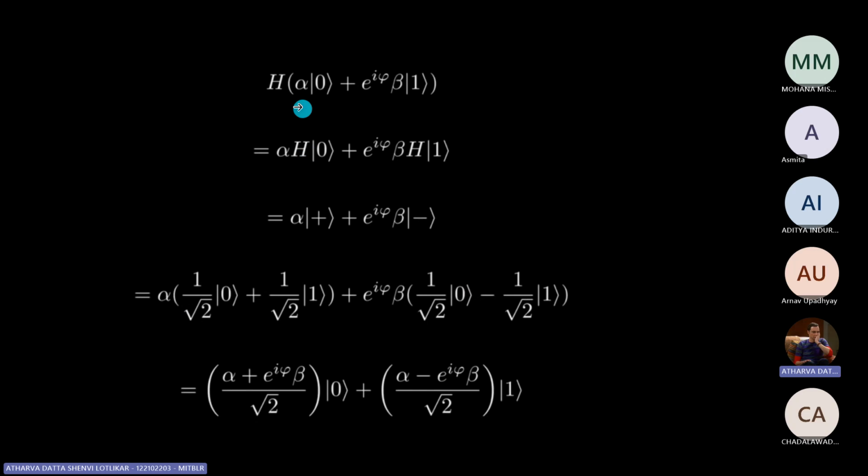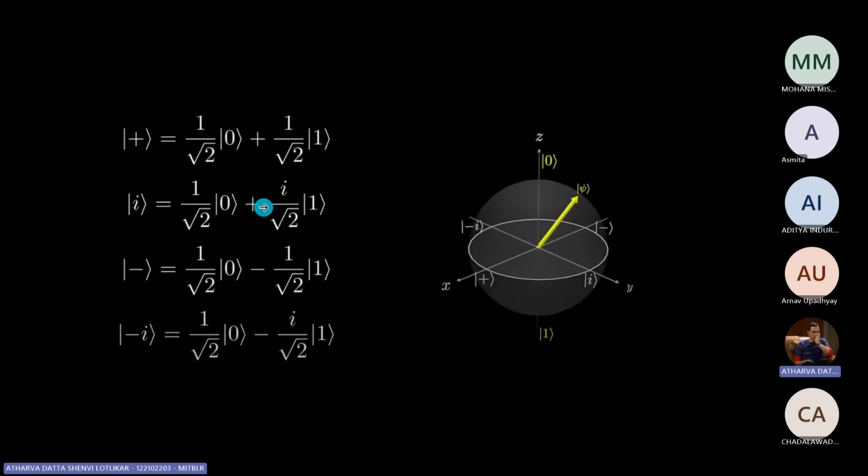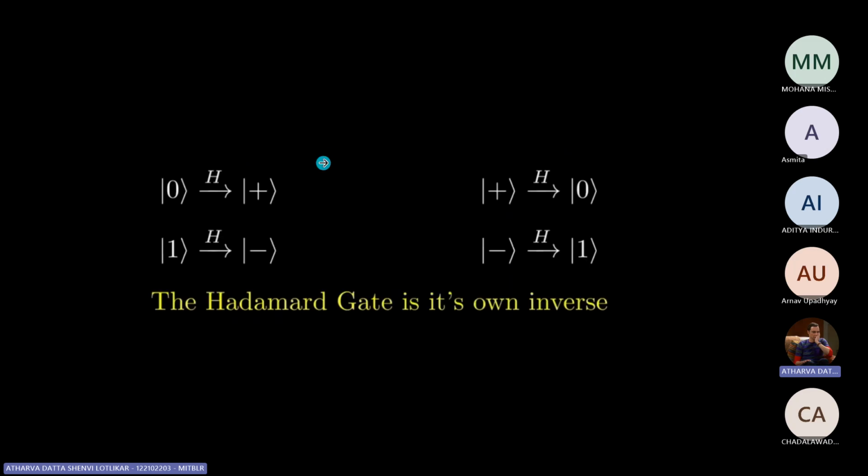If you're applying the Hadamard gate on this qubit, using linear properties, you distribute the Hadamard gate and then change it. So Hadamard on 0 gives plus, Hadamard on 1 gives minus. The plus axis, if you refer back to this table, is written as 1 over root 2 times the ket vector 0 plus 1 over root 2 times the ket vector 1.